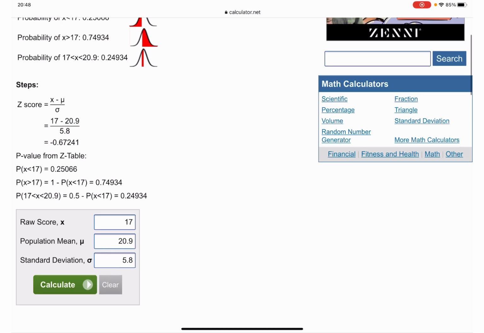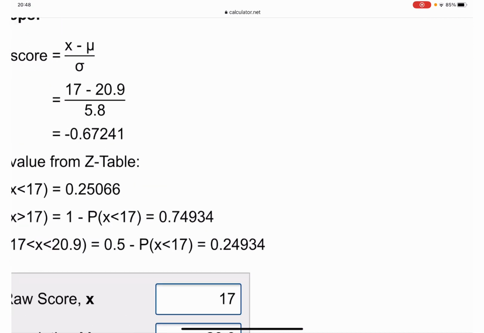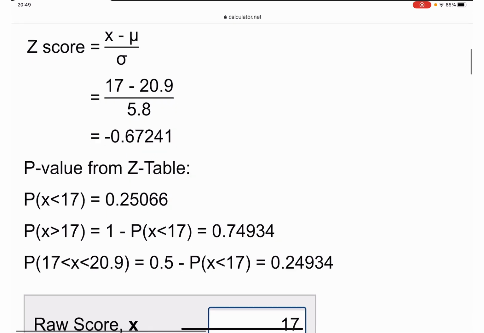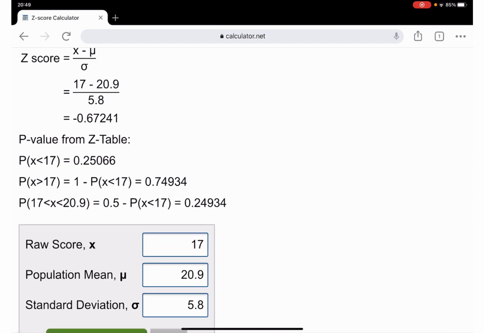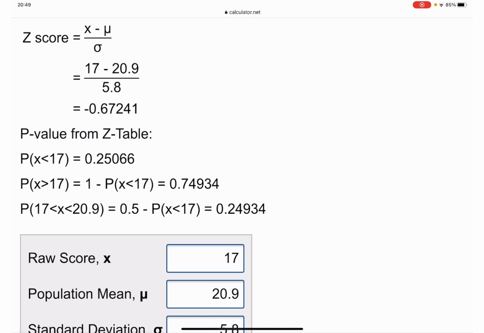So since we need to find less than, see, we got this score here, it shows negative 0.67241, so we did correct. And the probability for x less than 17 is going to be 0.2507.